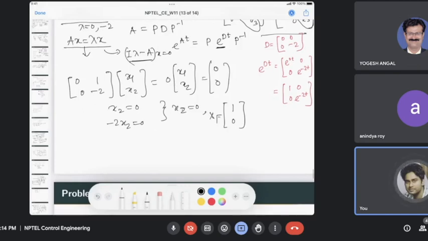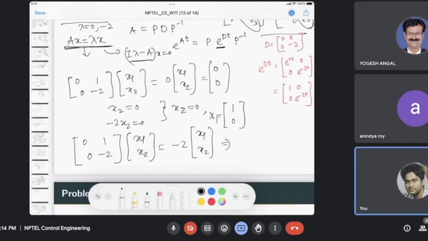Another eigenvector will be what? We'll again use this relation A x equal to lambda x, with x1, x2. Now we take the eigenvalue to be minus 2. That implies x2 equal to minus 2 x1, and minus 2 x2 equal to minus 2 x2.